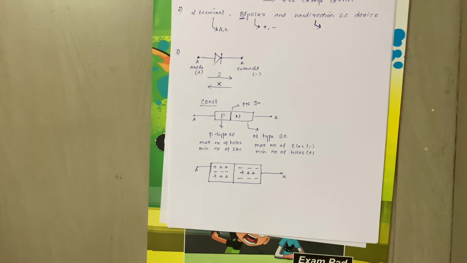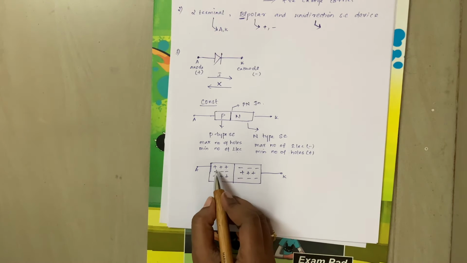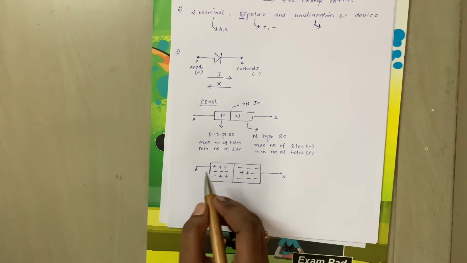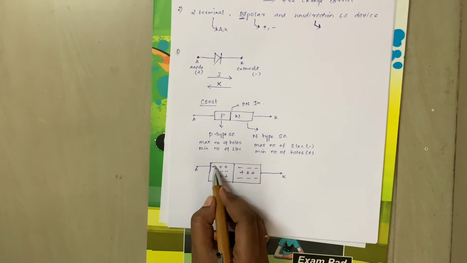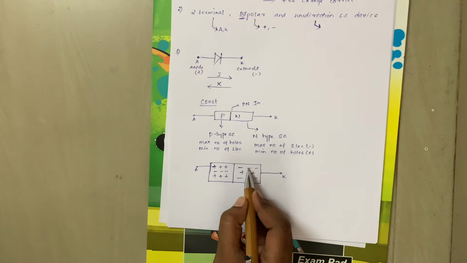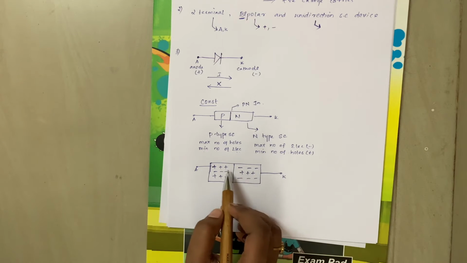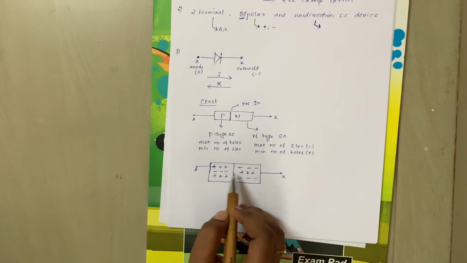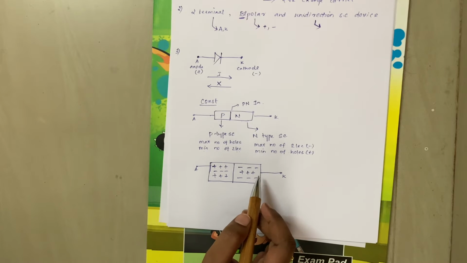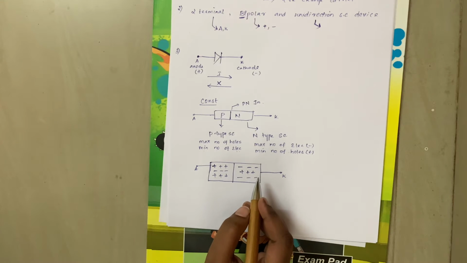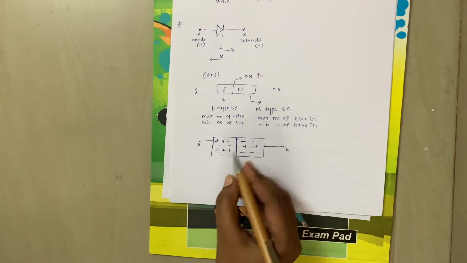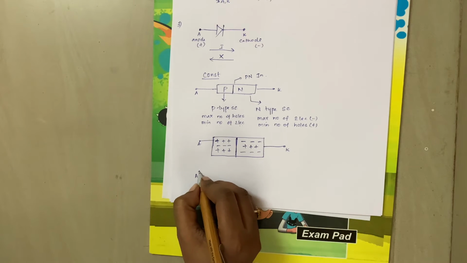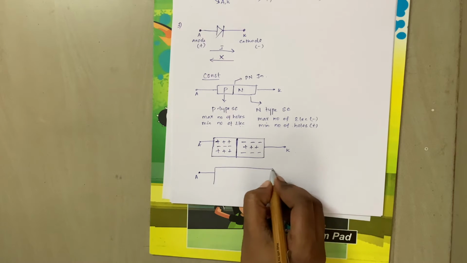Now let's check the operation. Here we know opposite poles attract each other. So here is the positive sign, and this side there is a maximum number of negative. So they both attract each other. When they attract each other, there happens a recombination of electrons and holes at the junction.